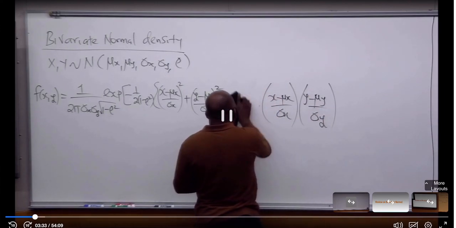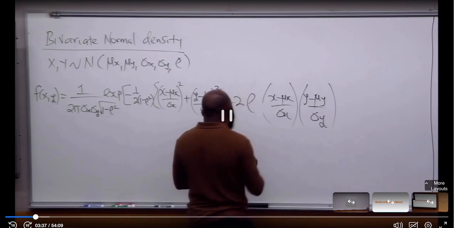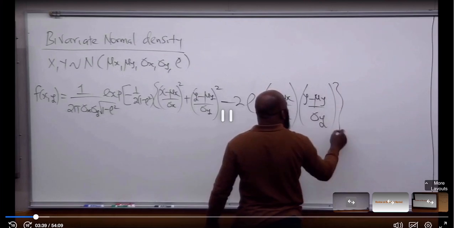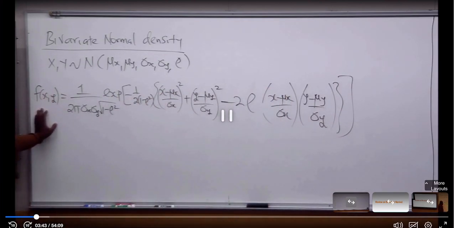So I think I can just simply put this here. When you take a look at this, this is a bivariate normal density.